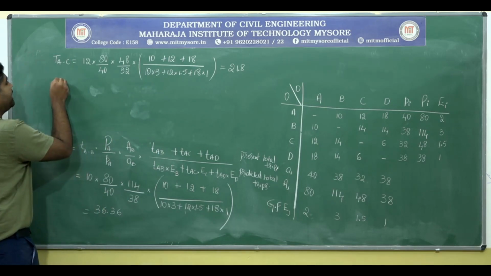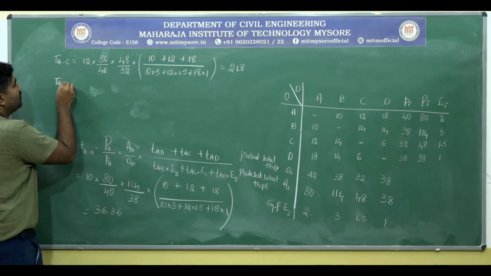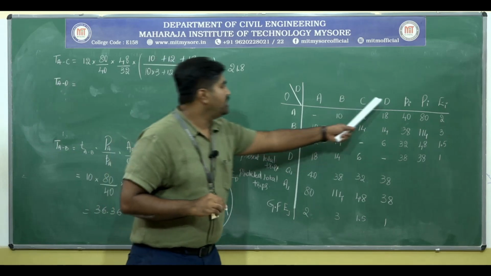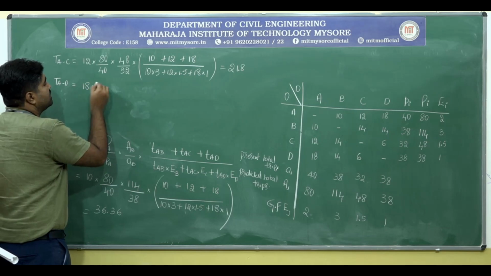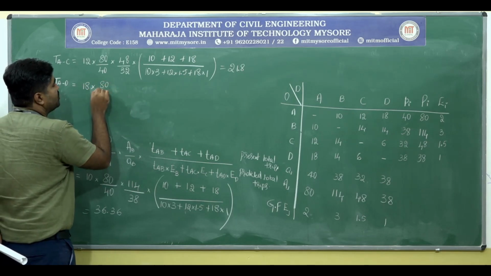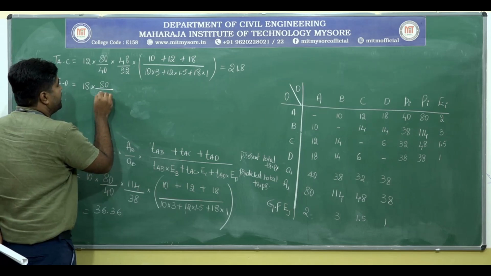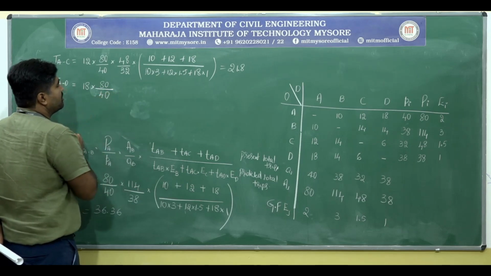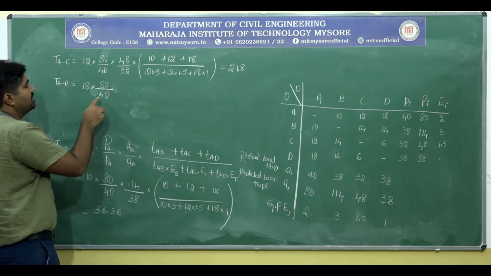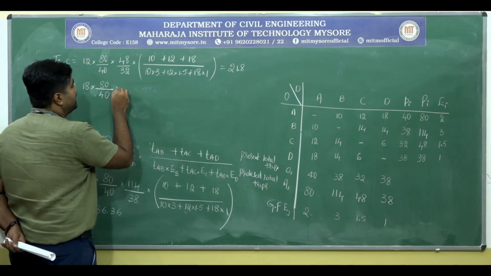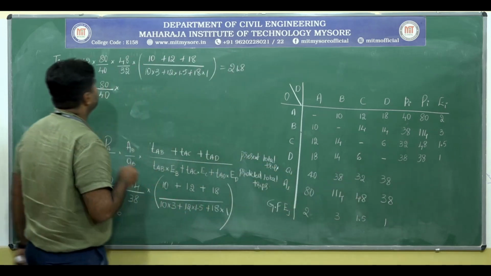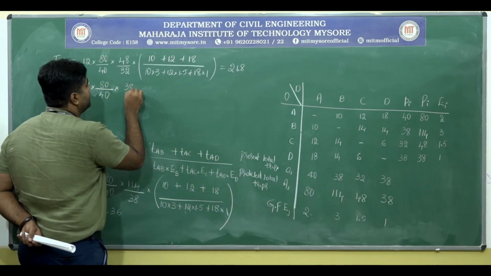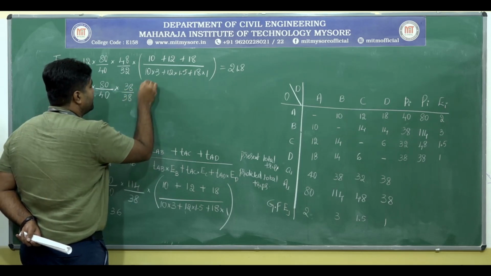Next, T A to D. The trips between A to D, we have 18 number of trips. The total number of trips generated in zone A is 80. Present total number of trips in zone I, that is A, that is 40, into attraction 38 divided by 38.